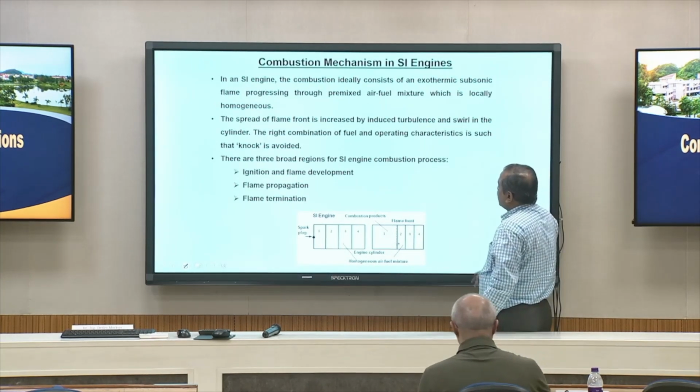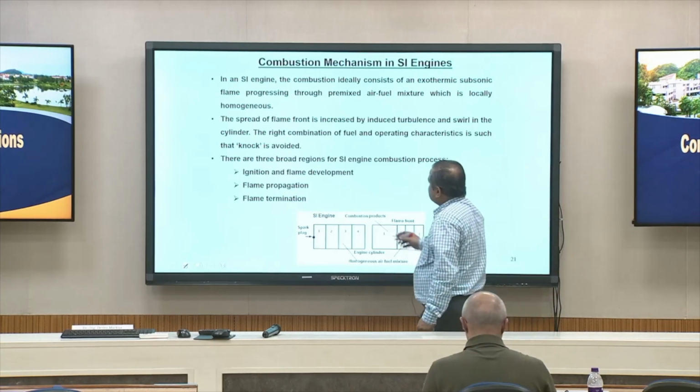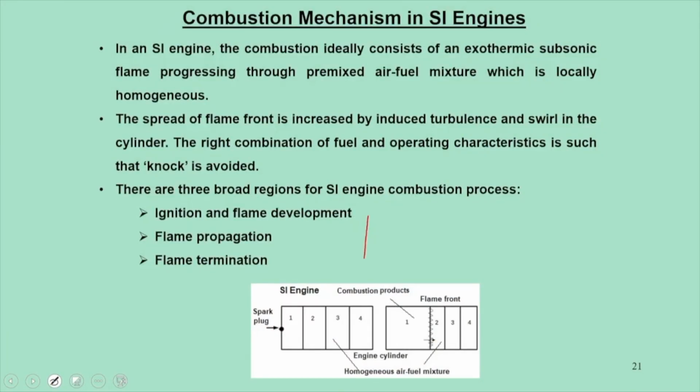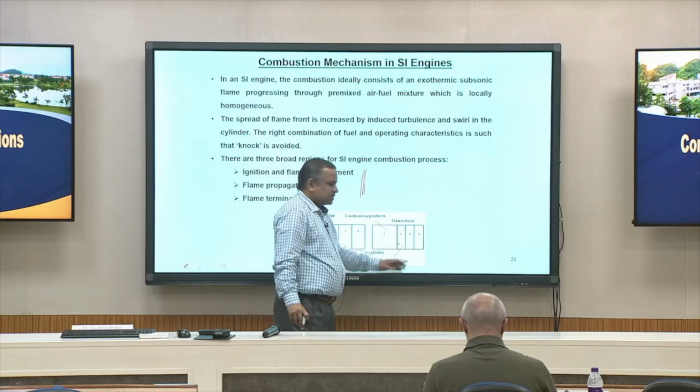Now there are three broad regions that we get in this combustion process: ignition and flame development, flame propagation, and flame termination. Why are such things required here? If you look at this figure again, the flame propagates.